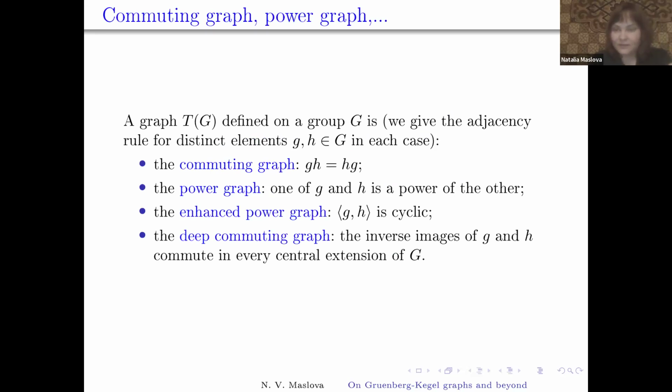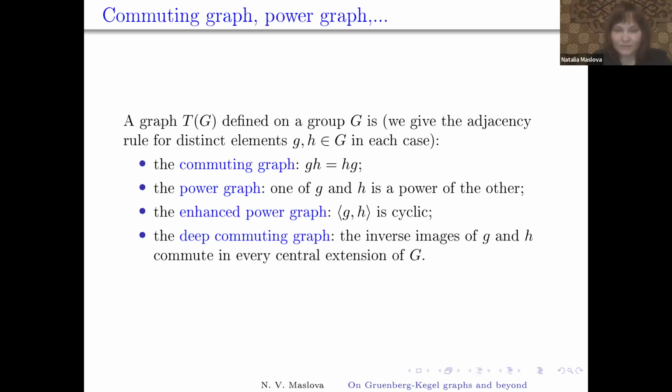We can define a graph on the set of elements of a group. The graph is a commuting graph if the vertices are adjacent if and only if they commute in the group. A power graph, this is an unlabeled graph, two vertices are adjacent if and only if one of them is a power of another.